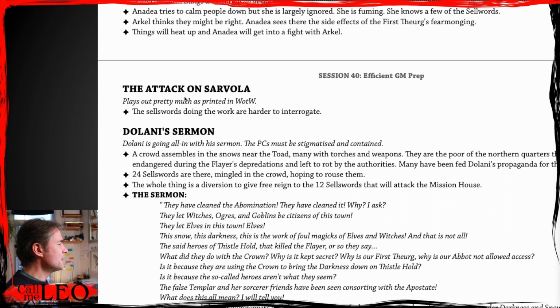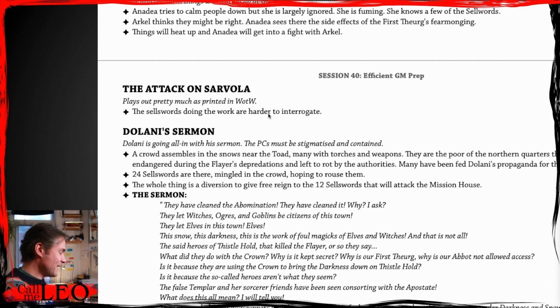The attack on Sarvala is pretty much as printed in the adventure, but my players weren't there. They completely forgot to go check on Sarvala. If they had, they would have maybe saved the mission, but they didn't, because they don't think that much. And they just went to the obvious thing, and they forgot about the rest.